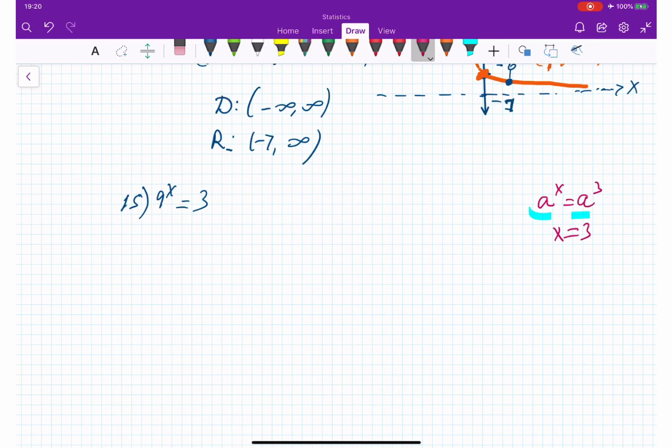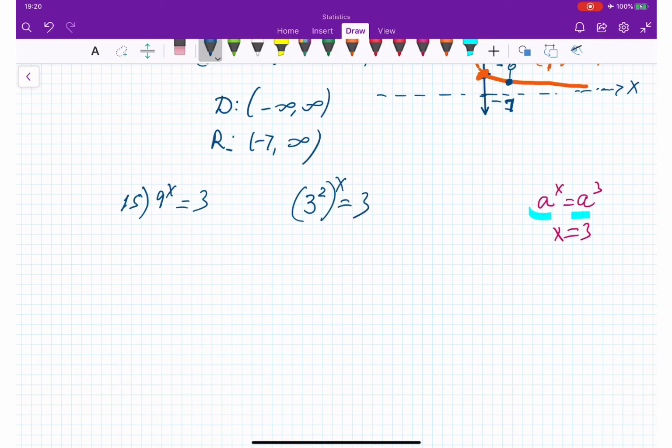Now here I have base 9 and here I have 3. My goal is going to be to bring them to the same base. So 9 to power x I can represent as 3 to power 2, to power x, is equal to 3.